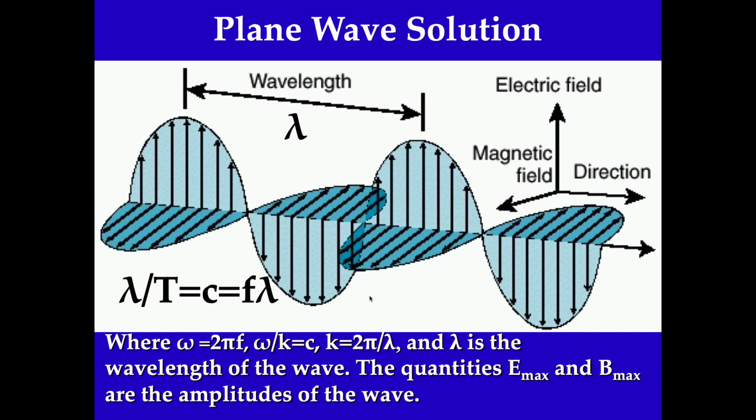Notice that the electric field and the magnetic field are in phase, but the vectors are perpendicular to each other. That's important to understand. They are in phase, meaning their peaks occur at the same time and their zeros occur at the same time, but the directions of oscillation are perpendicular to each other.